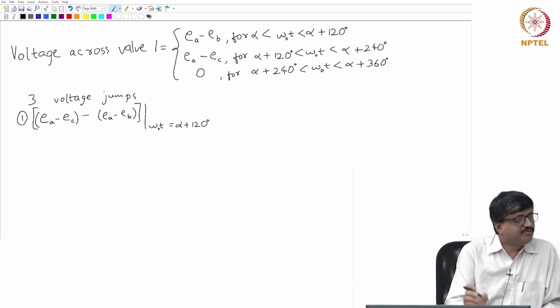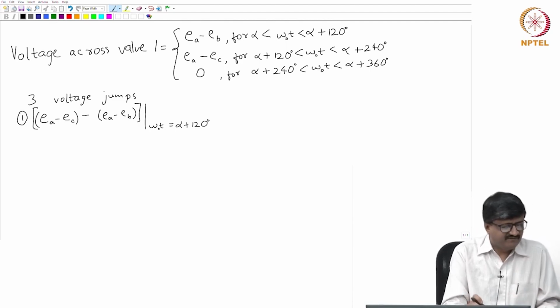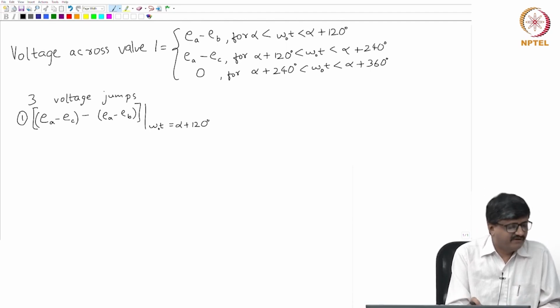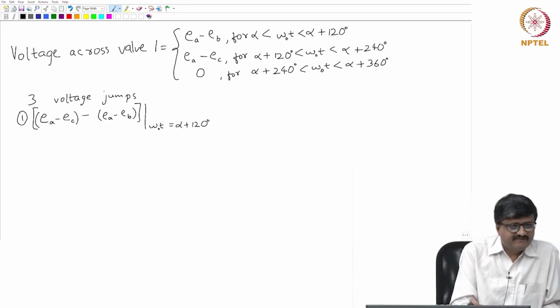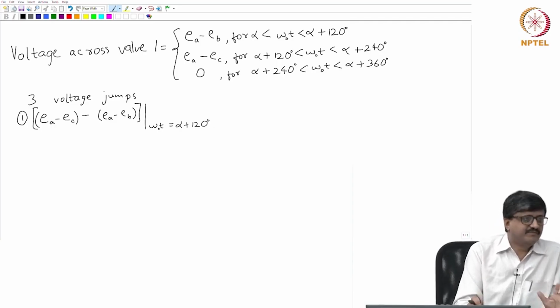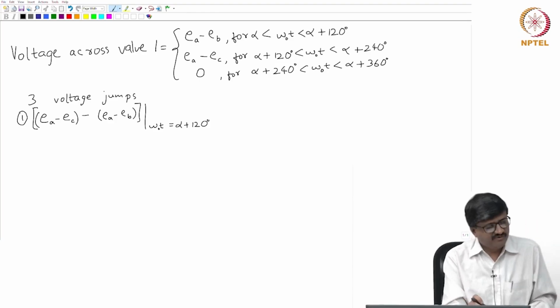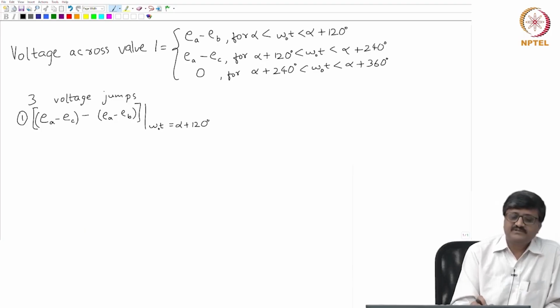So, EA is root 2 by 3 V sin omega OT plus 150 degrees. Now, the purpose of choosing this 150 for the voltage EA is for the sake of having the instant of natural conduction for valve 3 as 0, that is the only point, there is nothing more than that. Okay. One could have chosen any arbitrary value. I just chose 150 for the sake of taking one of the valves, say valve 3, the instant of natural conduction of which is 0.